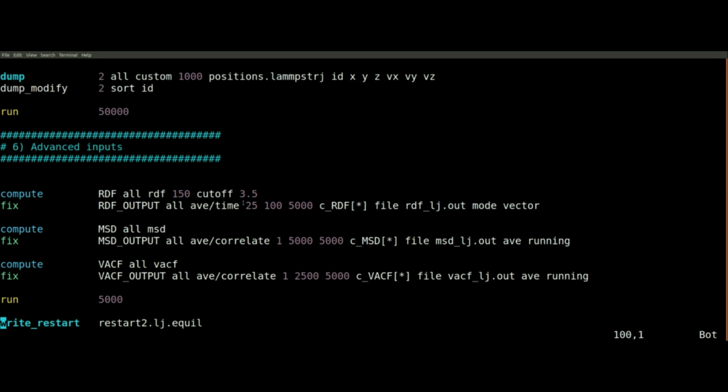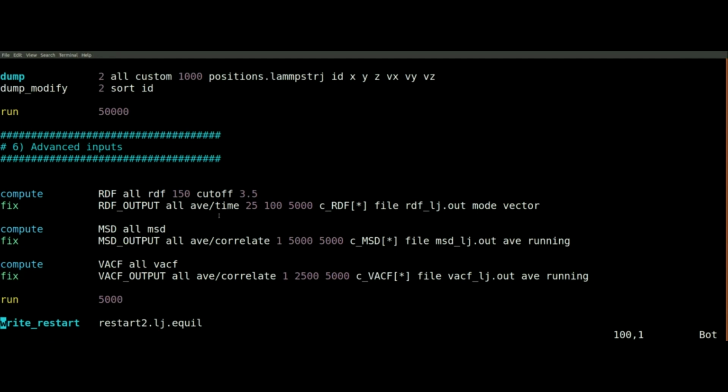LAMMPS will compute this, will find whatever that is for every particle at every time step. However, that's not drastically interesting to us. What we care about is the average over the entire simulation, or at least the average over part of the simulation. So here what I've done is I've used a fix to average all of those outputs.